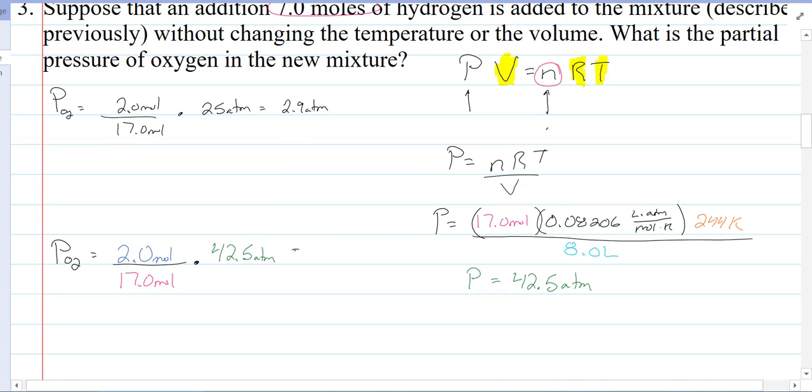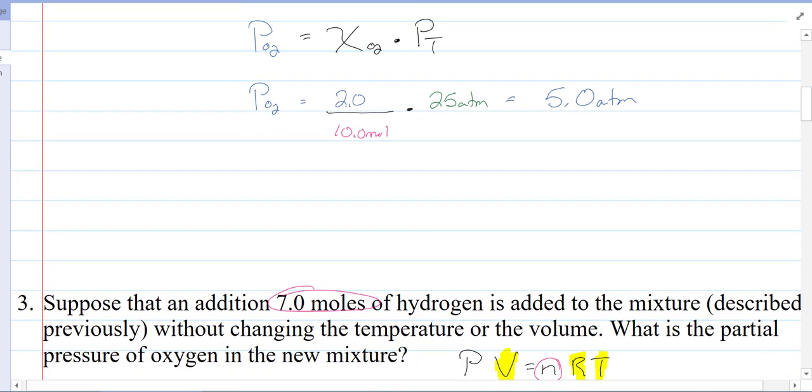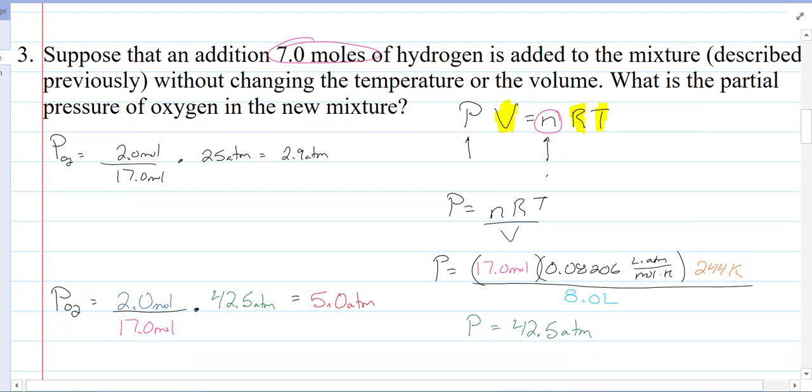And if we do that, we get a pressure of 5.0 atmospheres. Wait a second. Did you get 5 in your calculator? Didn't we have 5 here for problem 2? So I added 7 moles of hydrogen and oxygen didn't change.